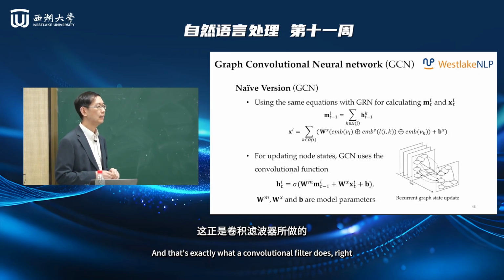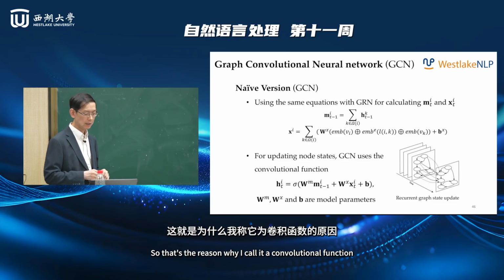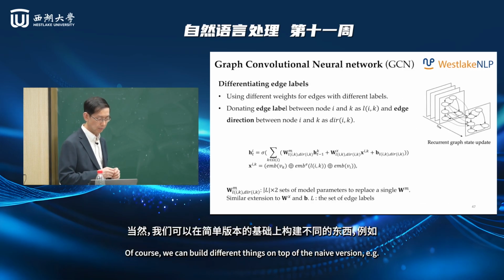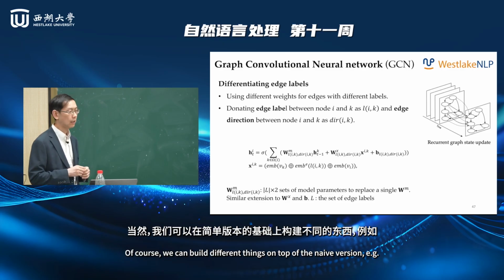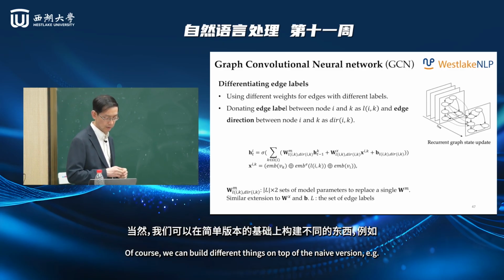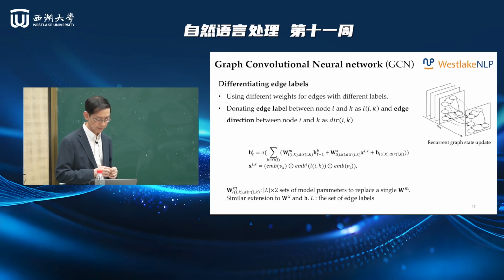And that's exactly what a convolutional filter does, right? So that's the reason why I call it a convolutional function. Of course, we can build different things on top of the naive version. For example, we can differentiate different edge labels.